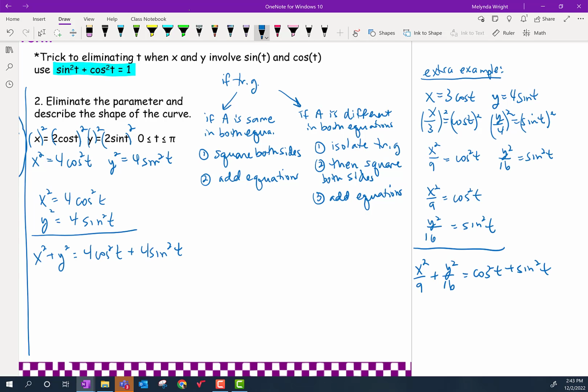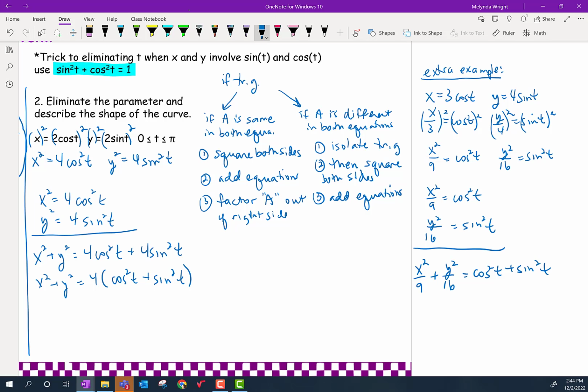Okay. On this side, we're going to factor A out of the right side. Okay, so I've got x squared plus y squared equals 4 times cosine squared plus sine squared.